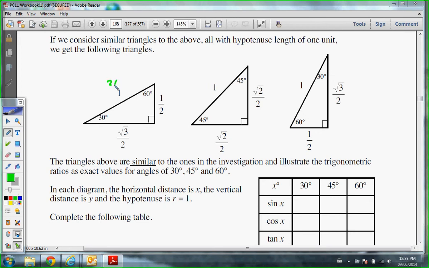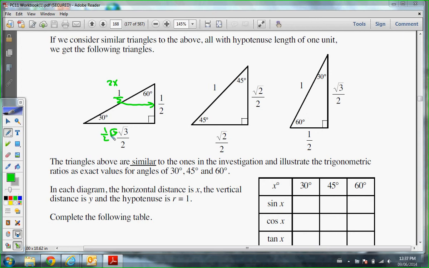So remember, this is 2x, right? That's my double. Divide that by 2. So divide this by 2 will give me that 1/2. That's how I got the 1/2. 1/2 root 3 went here. That's the same thing as root 3 over 2. That's the relationship. Okay, same thing here. They put a 1 here. Well, that was supposed to be something root 2, so it's going to be root 2 over 2.